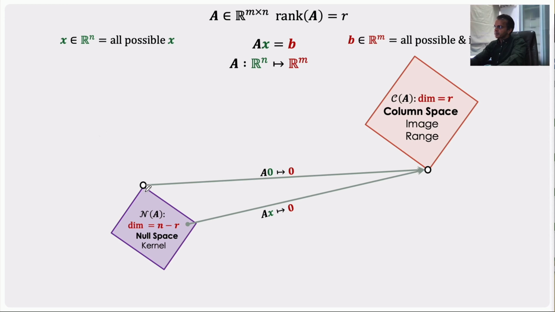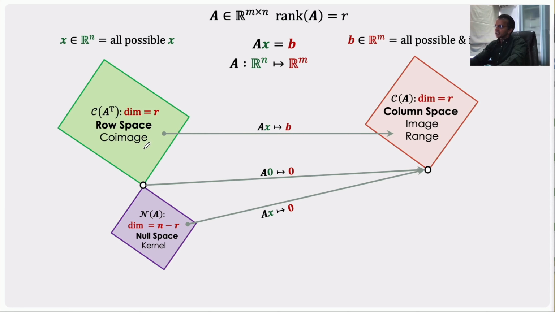Then I had my row space. All the vectors in the row space will go to the column space, because Ax equal to b, if you take a vector in the row space, is a linear combination of columns of A. If it was 0, the vector would be in the null space. If it's not, then that would go to the column space, a non-zero element in the columns. But as we saw from our example, the row space was the xy plane and the null space was the z-axis.